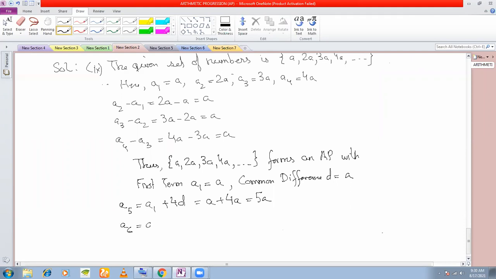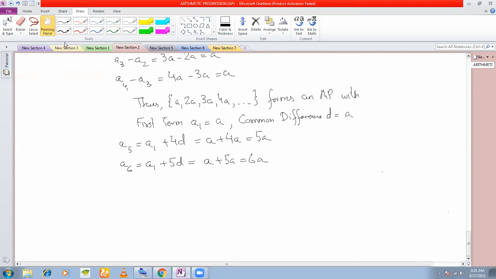A6, A1 plus 5D, which is equal to A plus 5A, which is equal to 6A. Seventh, A1 plus 6D, A plus 6A is equal to 7A. So we have found the next three terms.